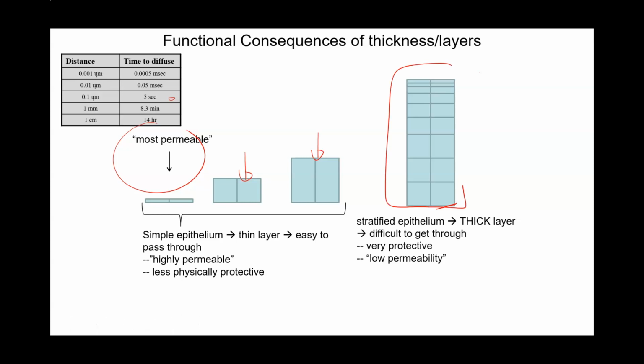But these stratified tissues, they're really hard to get through, so they're not very permeable, but that makes them really good at protecting. A stratified epithelium is going to be more protective and serve as more of a barrier that prevents things from moving, which is why we see, for example, the urinary bladder lined with a stratified epithelium so that urine doesn't leak out into the other parts of the body, right? Or that the skin and the tongue and the inside of your mouth are lined with this because it's subject to abrasion.